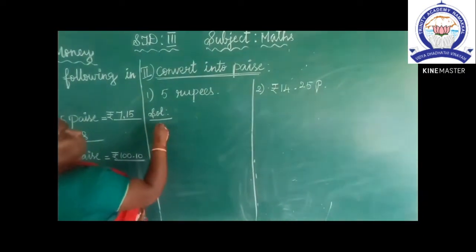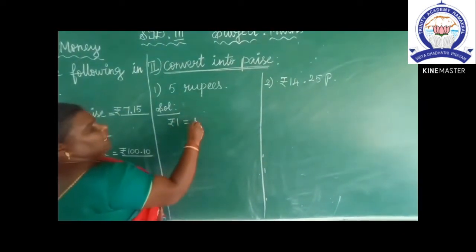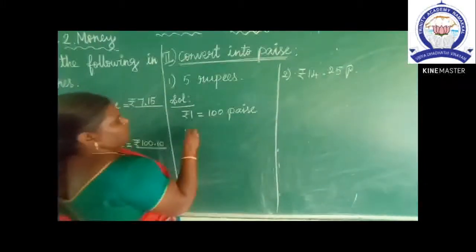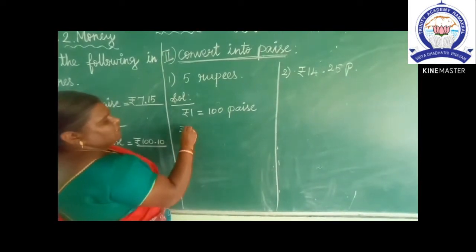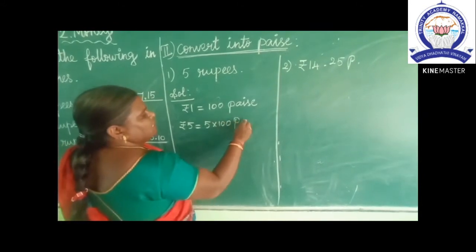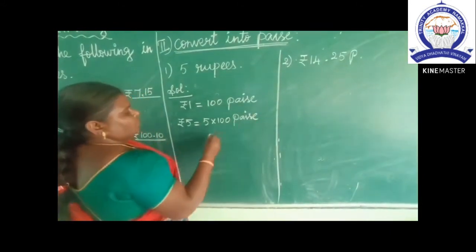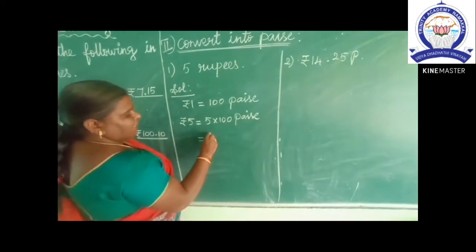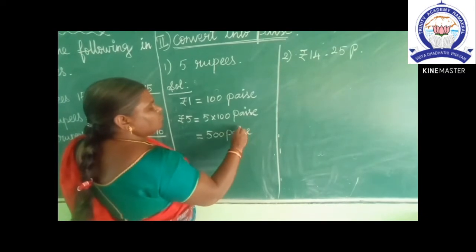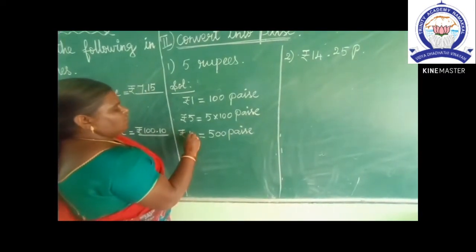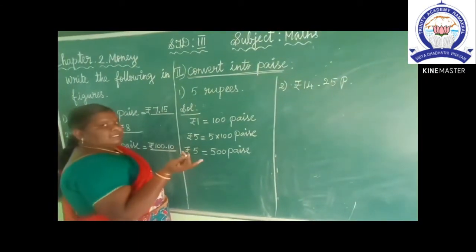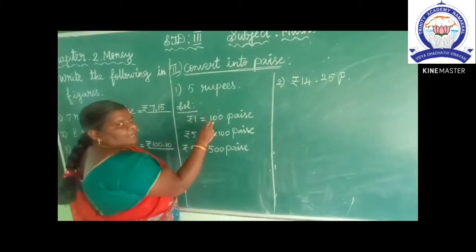First you write 1 rupee equal to 100 paise. 5 rupees equal to 5 into 100 paise. 5 into 100, 500. 500 paise. 5 rupees equal to 500 paise. Is it clear, children? Rupees to paise you multiply by 100.